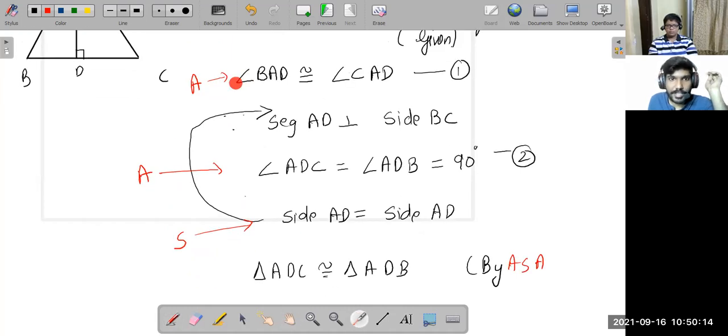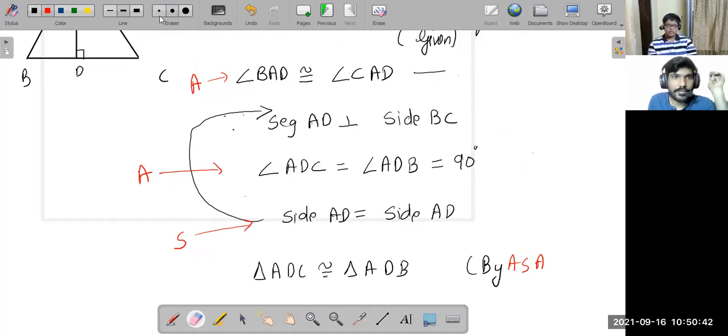First write this step, then write this step, and then this step. As I said, while writing, be careful. Okay, write this step first, then this, and then this. Okay? Got it?